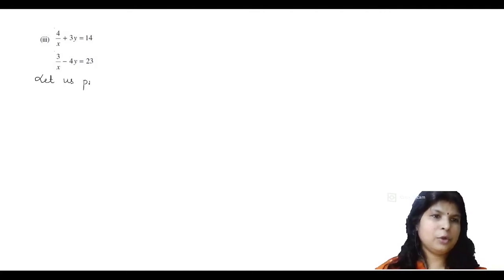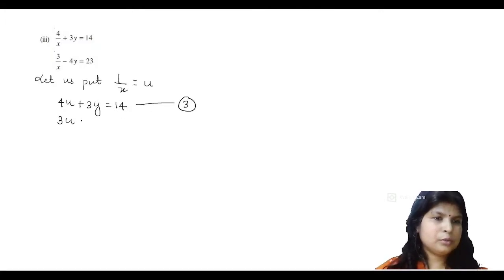So let us put 1 by x is equal to u and rewrite the equation. In this case, the equation will be 4u plus 3y is equal to 14. So this becomes your equation 3 and 3u minus 4y is equal to 23.